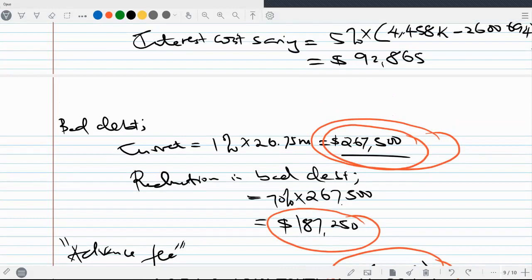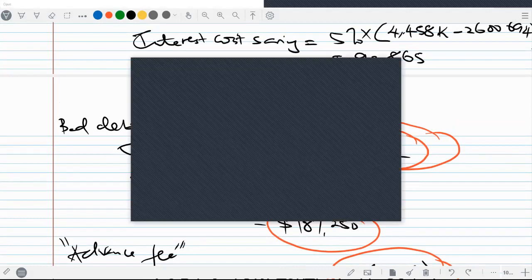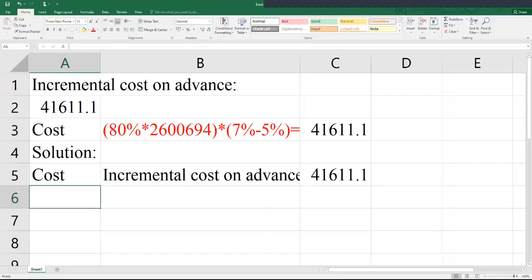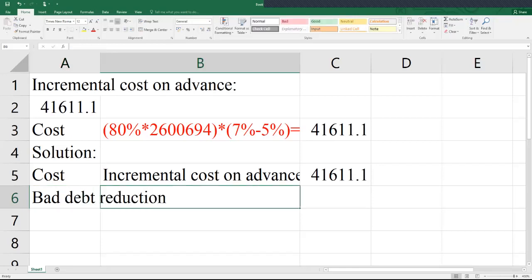For instance, let's go to the Excel again. I want to present the budget expense here, decrease in budget, so budget reduction will be equal to. First determine the current budget. The current budget is equal to 1% of the current sales, 2750, 123.